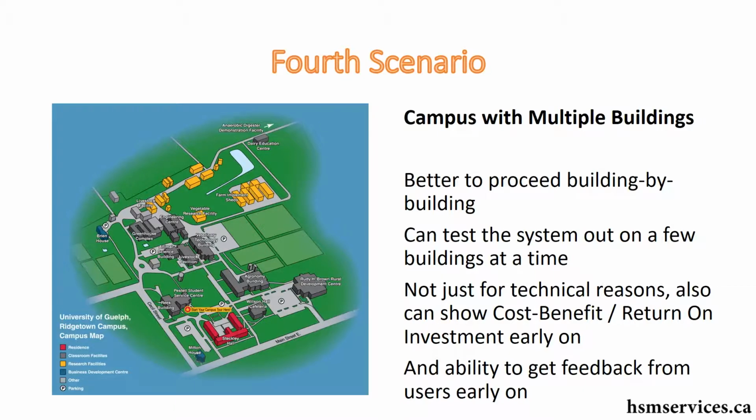You can get feedback from your users early on, so you can make changes without causing too much damage. And if you think about it, every building is different. Every building serves different functions, so it may have different needs and different design.